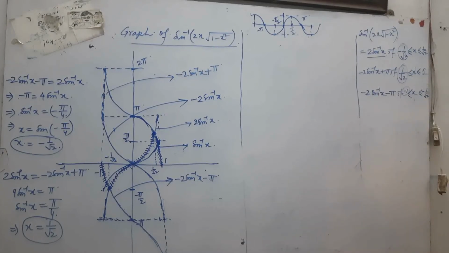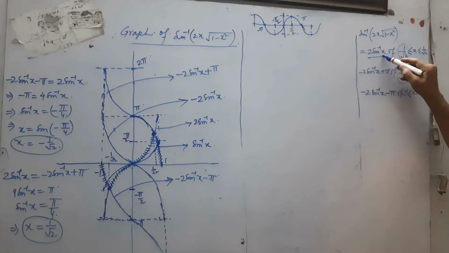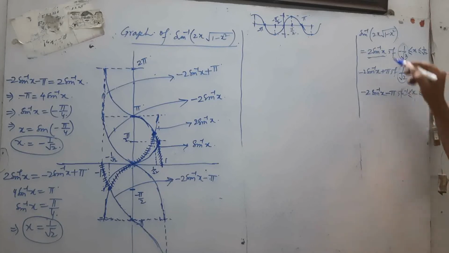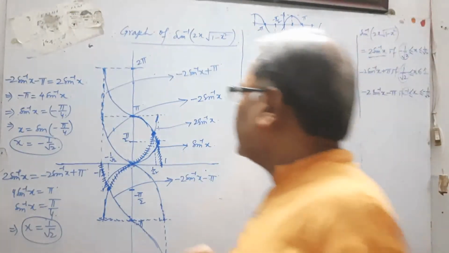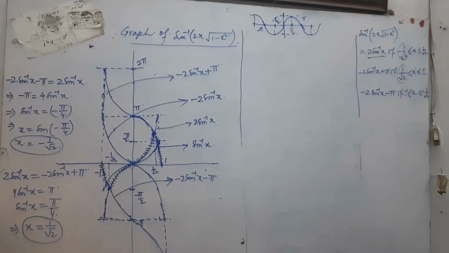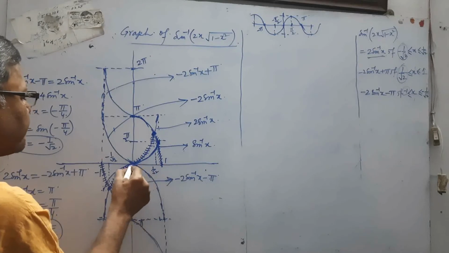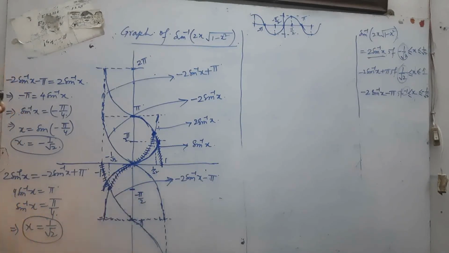Let me first explain you that in all these three you are finding 2 sin inverse x, minus 2 sin inverse x and minus 2 sin inverse x are invariably appearing. So what we have to do is, first of all, you see this particular part, that is this one. This one is representing sin inverse x.